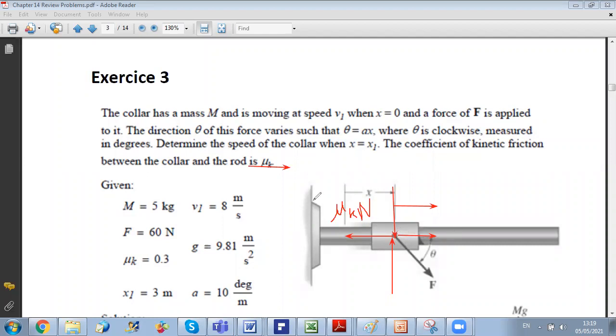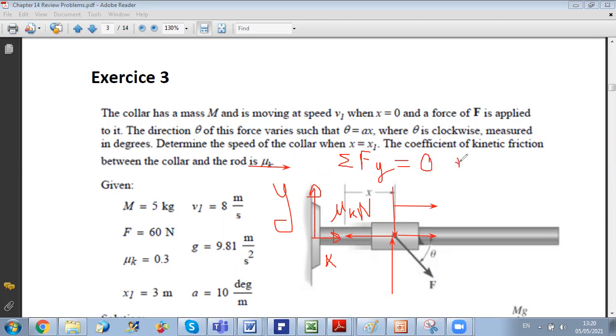So here, this is the y-axis, let's say. This is y, this is x. Okay. You have that the sum of forces along y is equal to 0. This will give you the normal reaction. Let us project on y.